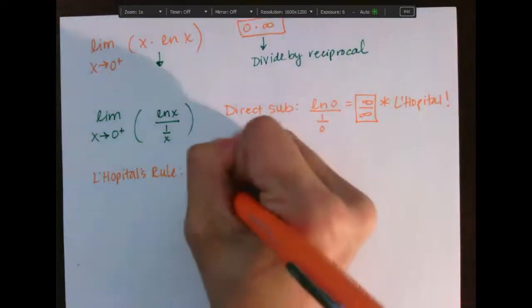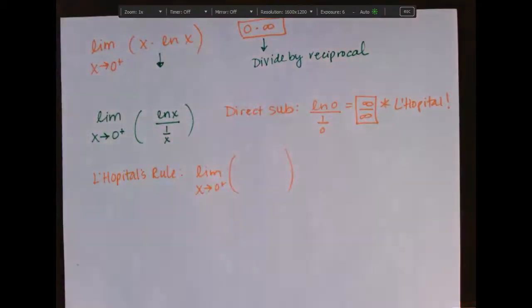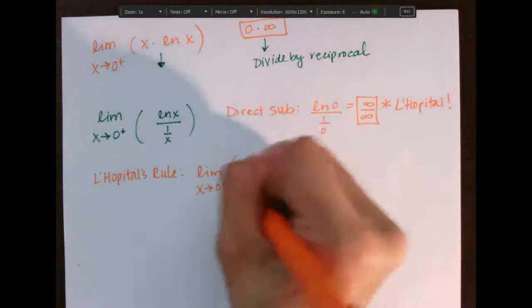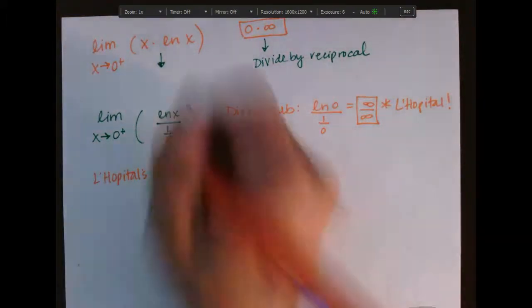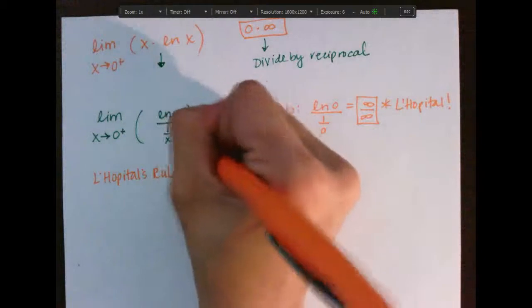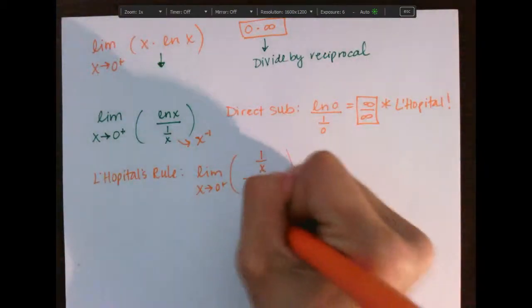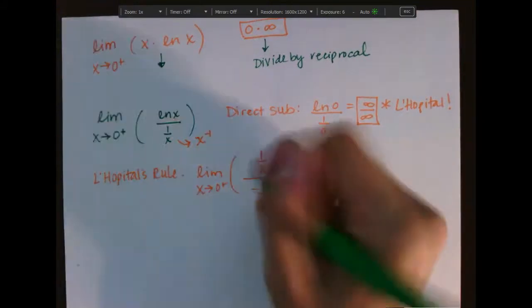Then I can evaluate this limit by taking the derivative of the top and the derivative of the bottom. So the derivative of the natural log of x is 1 over x. The derivative of 1 over x, you might want to write that as x to the negative 1 power to remind yourself, but that will be negative 1 x to the negative 2 power, or negative 1 over x squared. Let's clean that up.